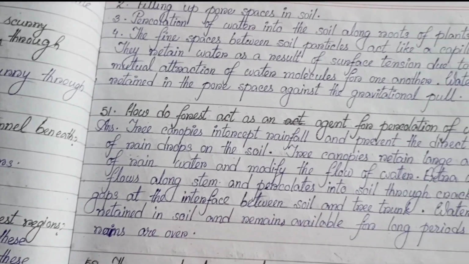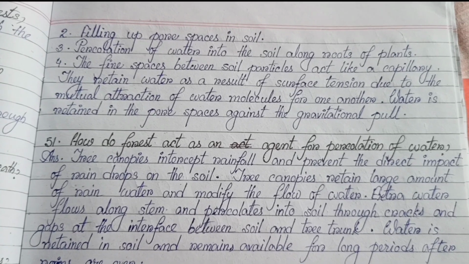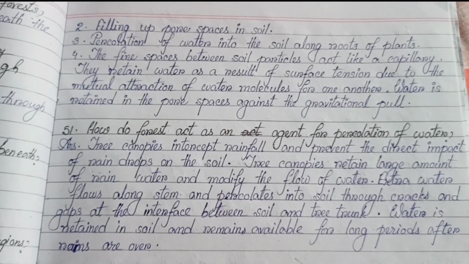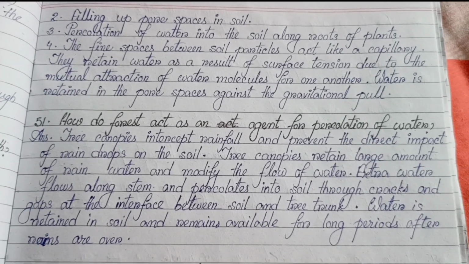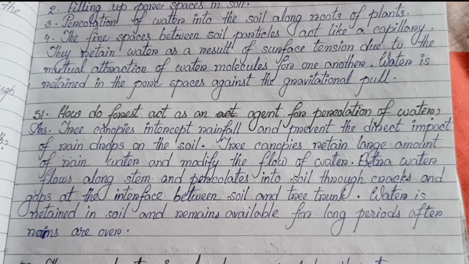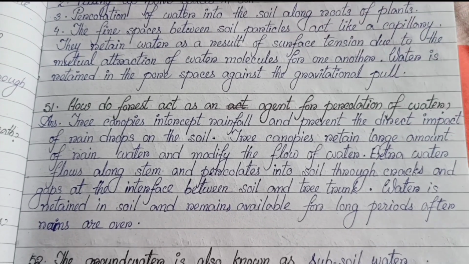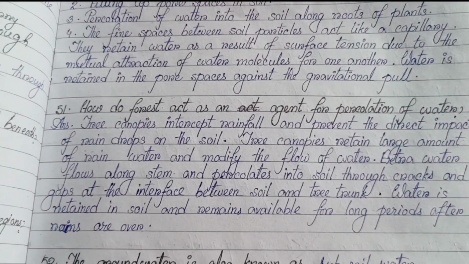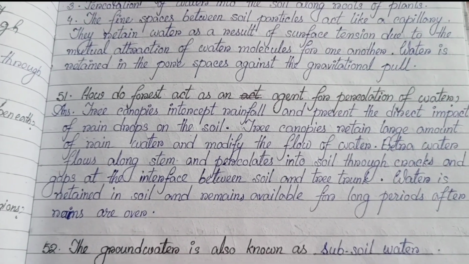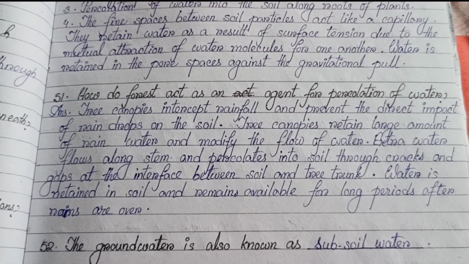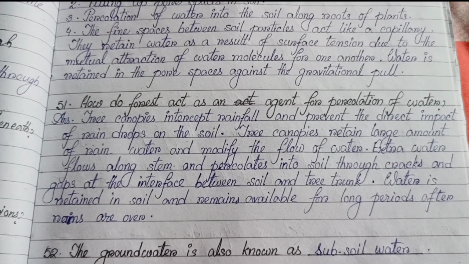Water is retained in the pore spaces against the gravitational pull. 51. How do forests act as an agent of percolation of water? Tree canopies intercept rainfall and prevent the direct impact of raindrops on the soil.